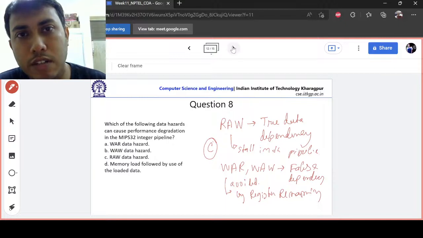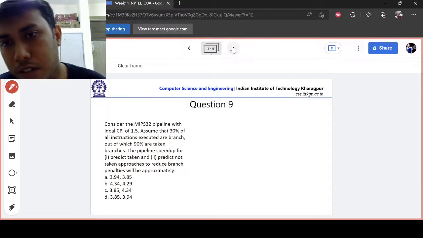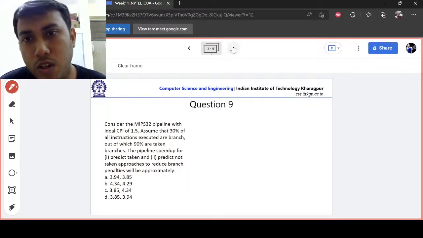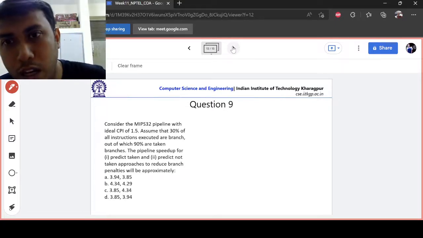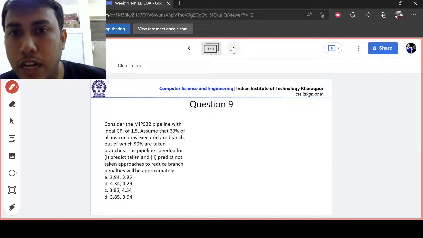So let's go to the next question. It is said we have a pipeline which has a CPI of 1.5. Assume 30% of all instructions executed are branches, out of which 90% are taken branches.